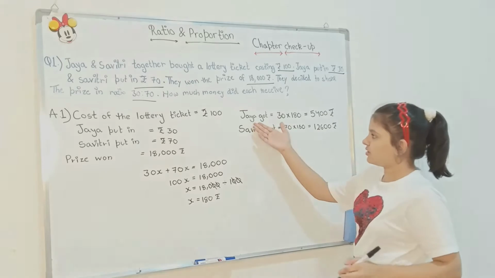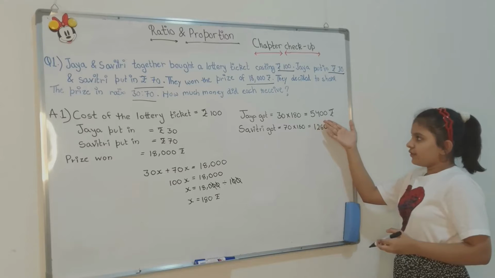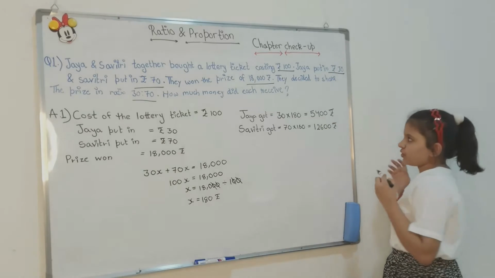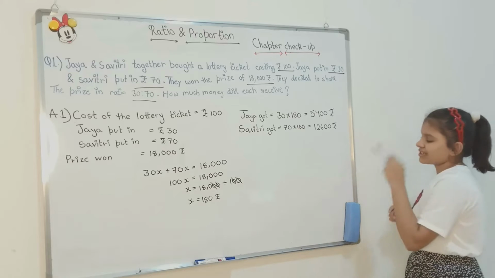Now here Jaya got 5,400 rupees and Savitri got 12,600 rupees.